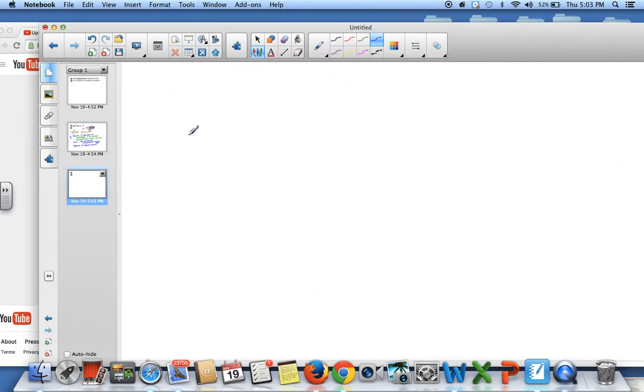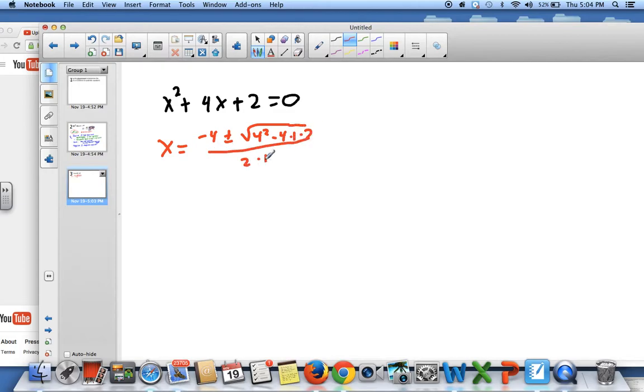First one is going to be x squared plus 4x plus 2 equals 0. To solve that, if I use the quadratic formula, I'm going to have x equals negative b, which makes negative 4, plus or minus the square root of 4 squared minus 4 times 1 times 2, all over 2 times 1.